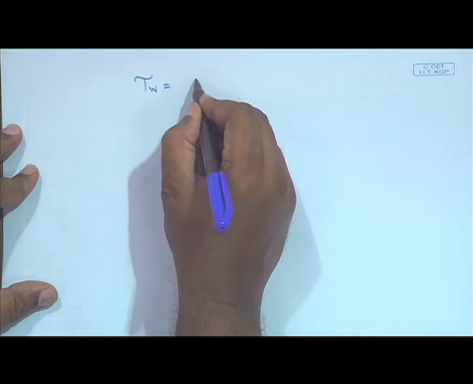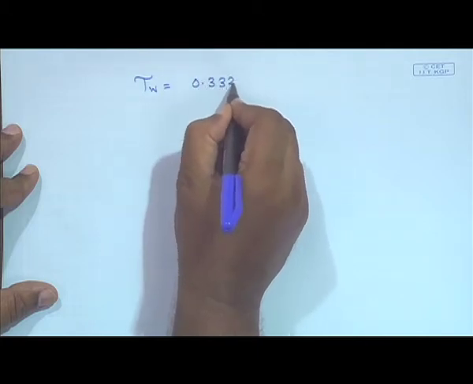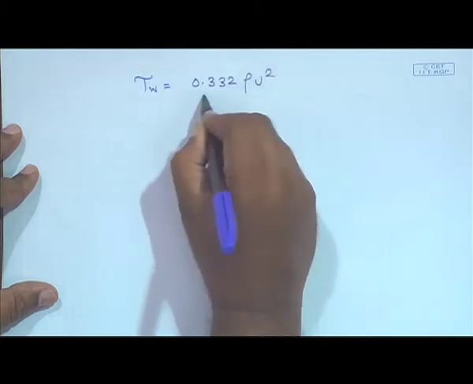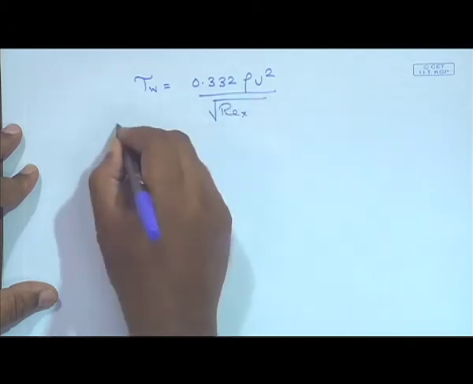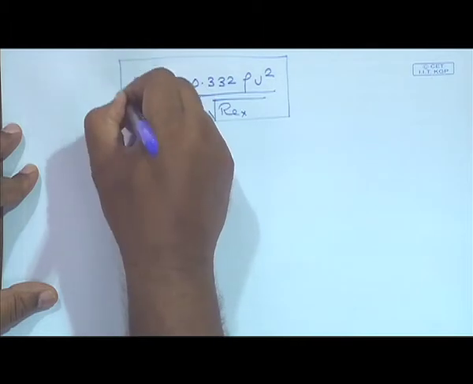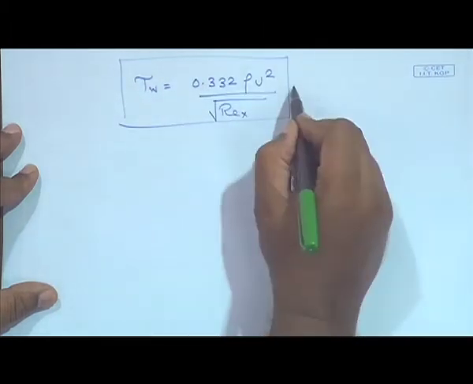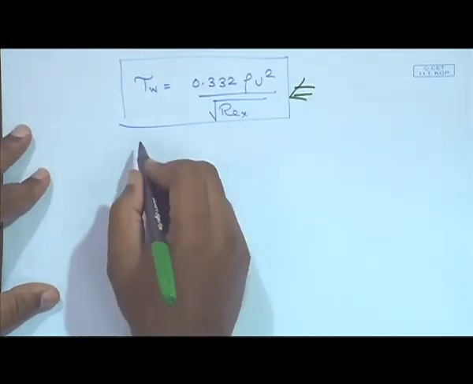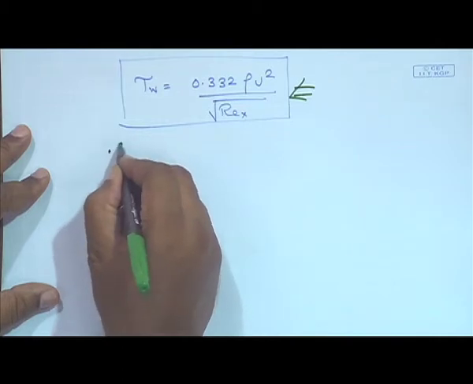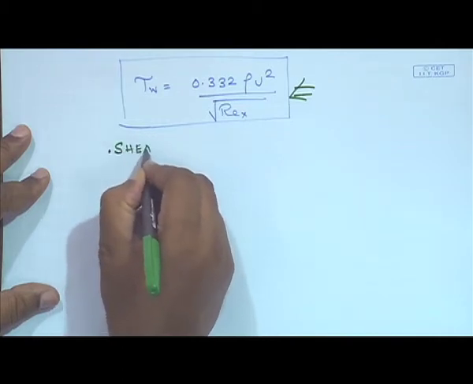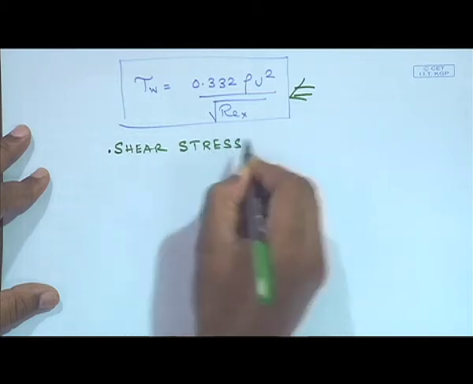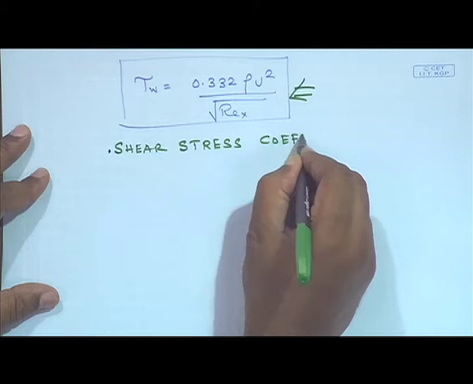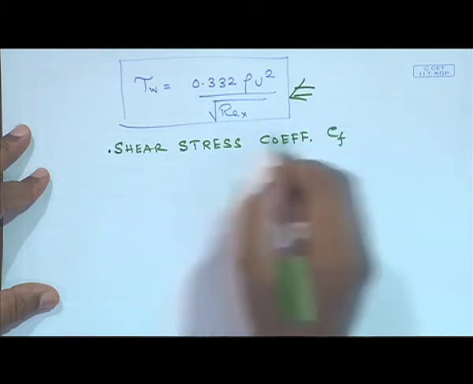So once again I write here the expression of tau w to be equal to 0.332 rho u square, where u is the free stream velocity, by root over r e x. That is another compact expression for the wall shear stress, and sometimes we define a shear stress coefficient, which is traditionally denoted by Cf.